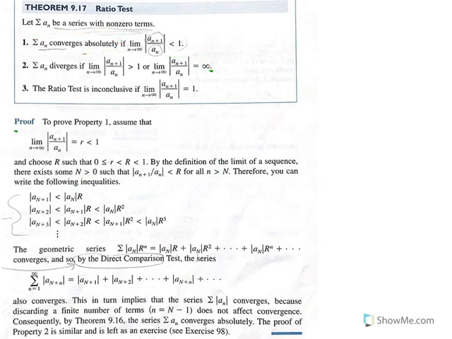So let's take a look at what inequalities we're writing here. You're looking at the absolute value of the quotient of the n plus 1th and the nth terms.